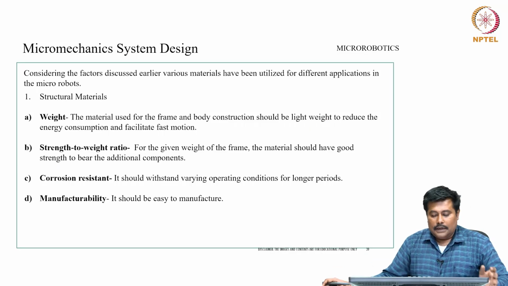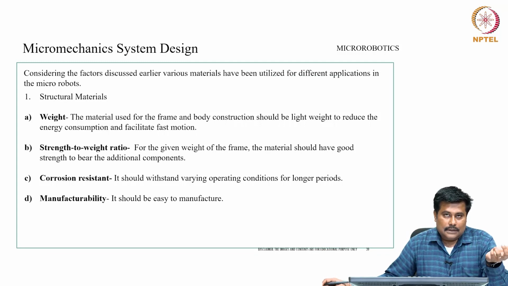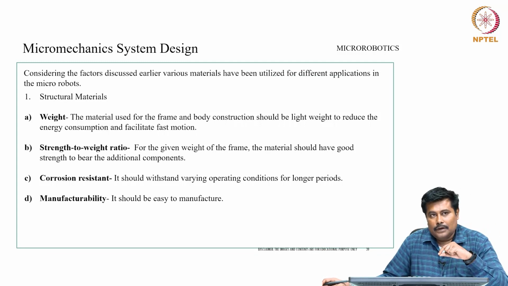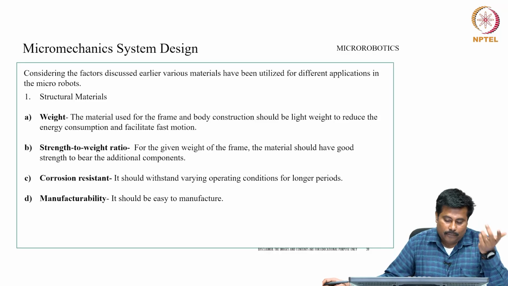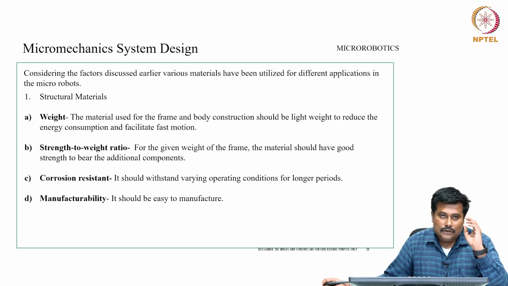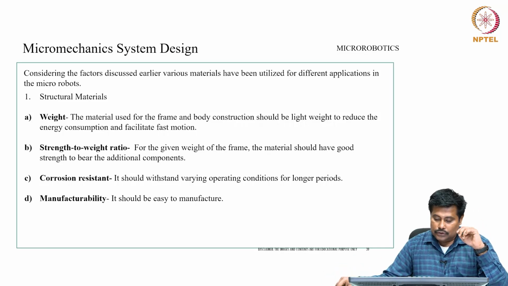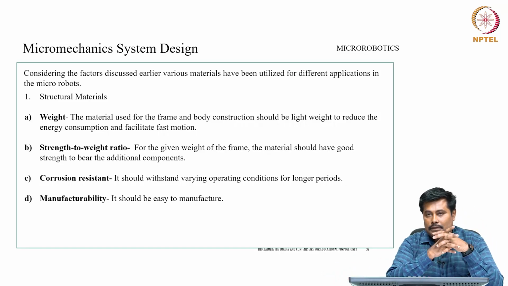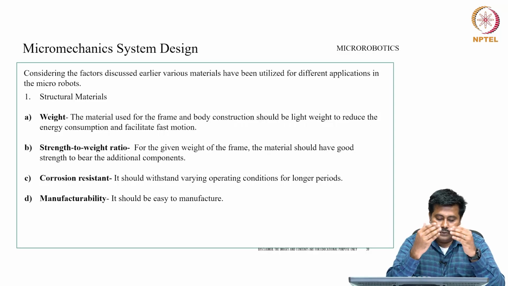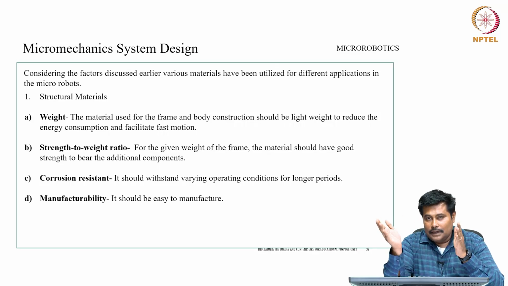Now, considering the factors which we have discussed earlier, these materials have been utilized for different applications of micro robots. One is with reference to structural material. Let us take the weight. The material used for the frame and the body construction should be lightweight, and it should have the capability to reduce energy consumption and facilitate fast motion.